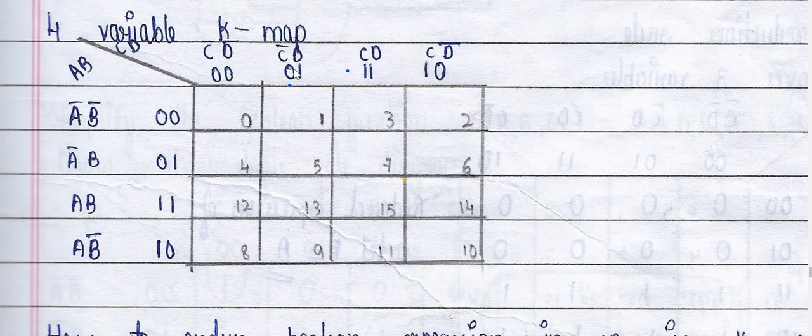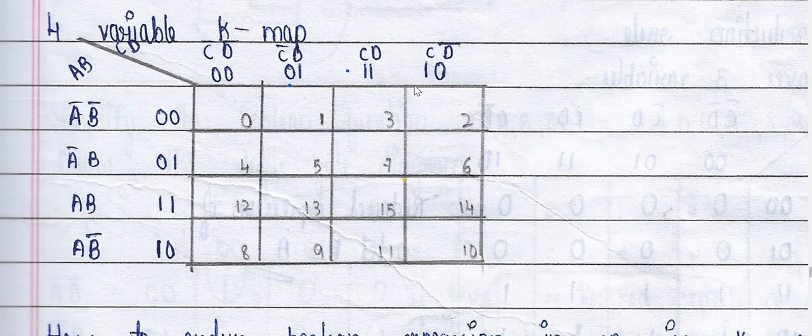Then 0 1 is C bar, D. 1 1 is CD. 1 0 is C D bar. First itself you have to draw like this.